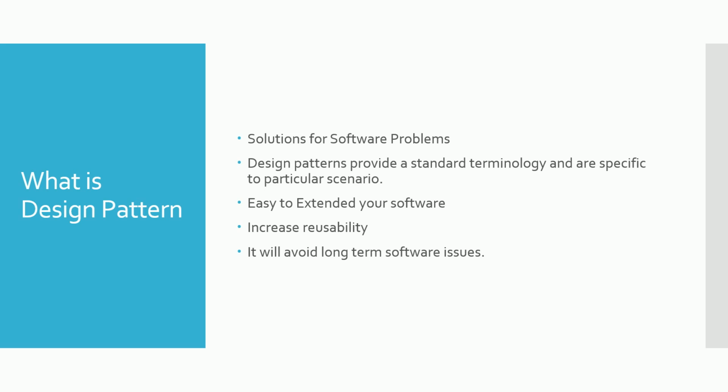So finding the exact type of solution is a key role in understanding more about design patterns. Design patterns provide a standard terminology and are specific to a particular scenario. It is easy to extend your software. Yes, if you follow the right design, you can extend your software. Even after many years, you can test the software and extend it without any issues.